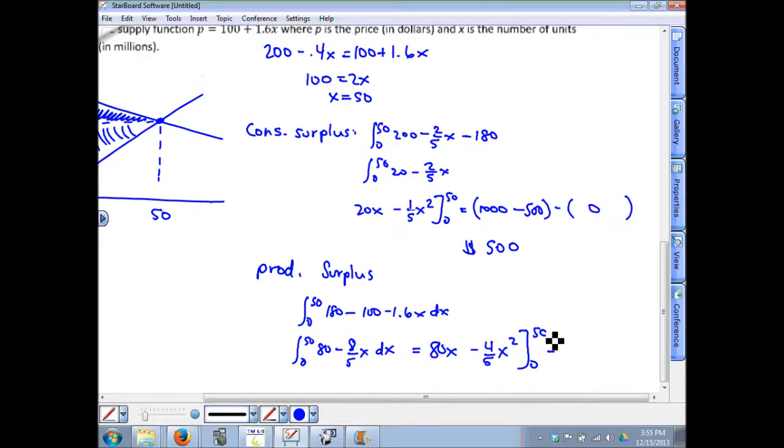Now, 50 times 80 is 4,000, and 50 squared is 2,500. A fifth of that is 500 times 4 is 2,000. So this becomes 4,000 minus 2,000. Then we subtract the antiderivative evaluated at 0, but that's just going to be 0. So it's 4,000 minus 2,000, which is $2,000. That's the producer surplus.